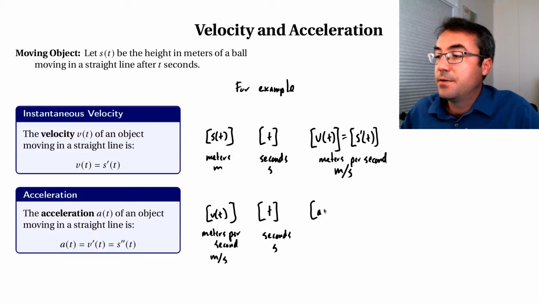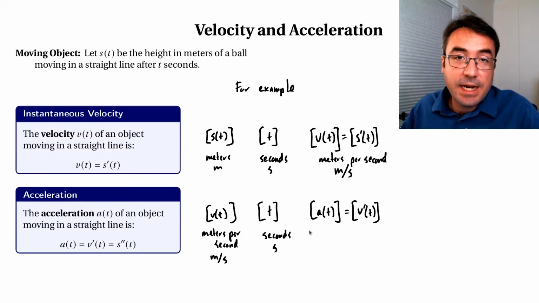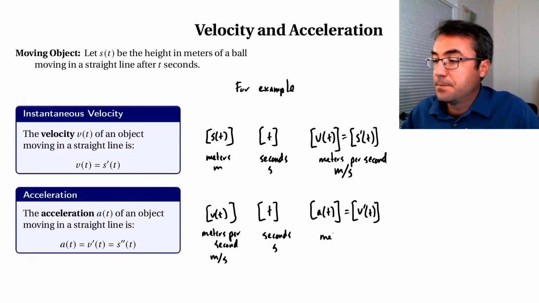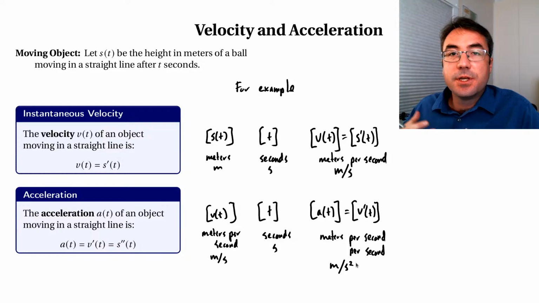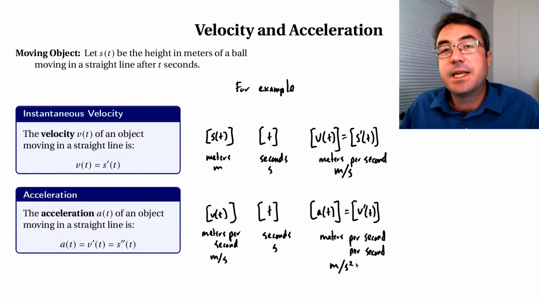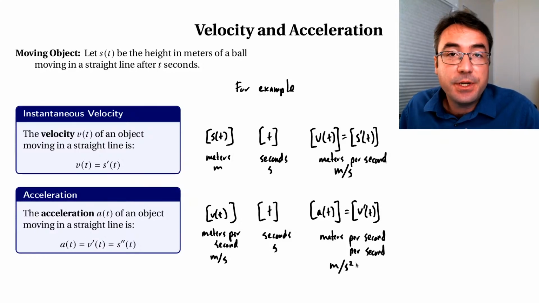And so the units for acceleration, which is just the derivative of the velocity function, would be meters per second per second, or to denote that, m over s squared. So that's a little bit more context for the velocity examples, and now we've seen how to do acceleration and what the units would be for each of those in terms of the derivative.